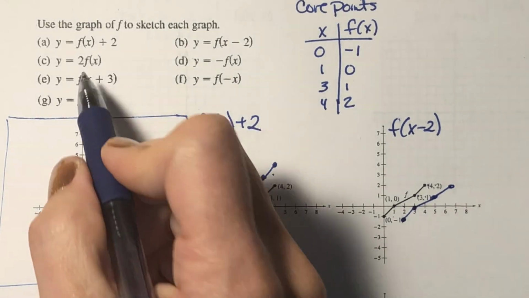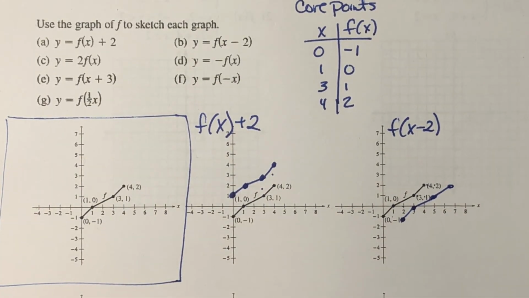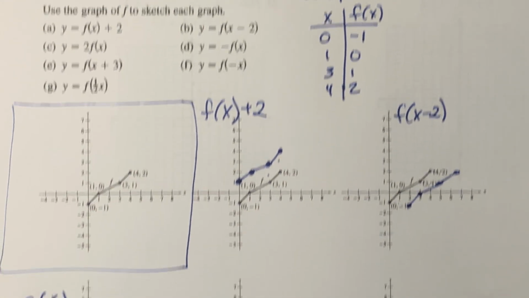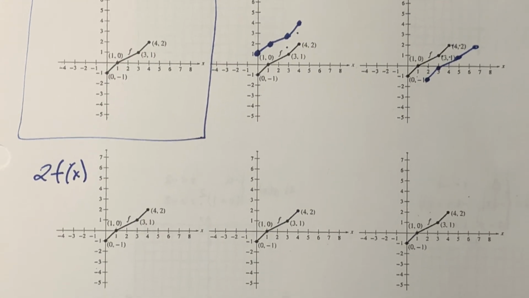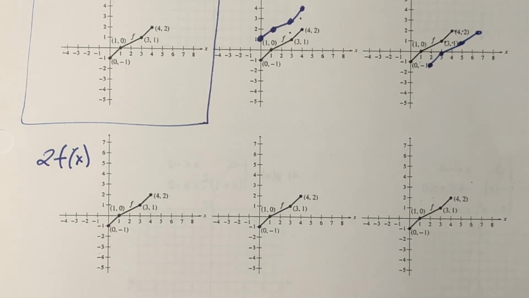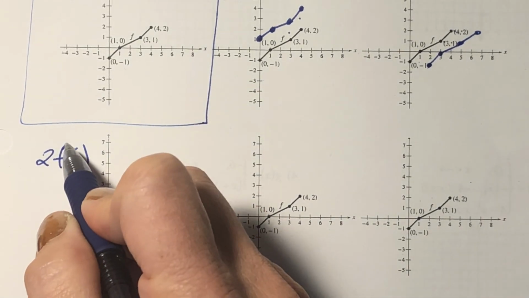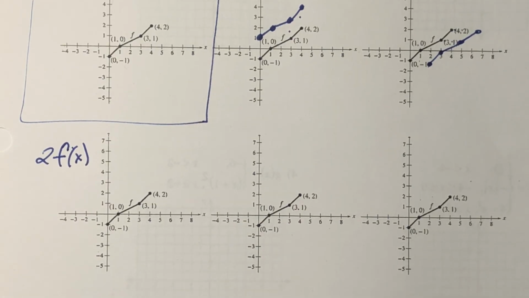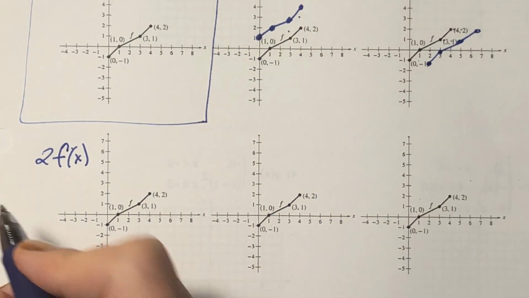Letter C, we have 2 times f of x. I'm going to shift up a little bit so you can see this. I'm going to take each value of f of x and multiply it by 2. So I'm going to go to our core points up here.